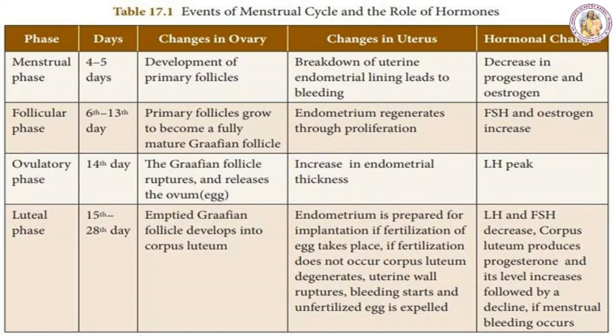Changes in uterus, the endometrium is prepared for implantation if fertilization of the egg takes place. If fertilization does not occur, the corpus luteum degenerates. The uterine wall ruptures, bleeding starts and the unfertilized egg is expelled. LH and FSH decrease, the corpus luteum produces progesterone, its level increases followed by a decline, and menstrual bleeding occurs.